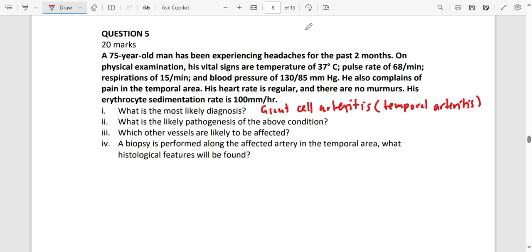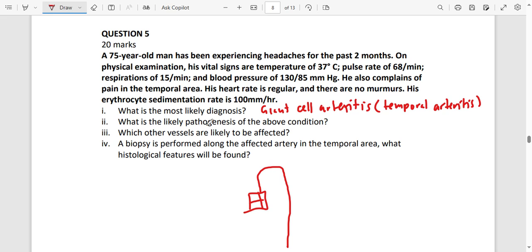Okay, so when you're talking about this condition, remember it is arteritis, the inflammation of the arteries. Specifically, giant cell arteritis or temporal arteritis is a granulomatous, large to medium vessel vasculitis. Now, here is our heart with the four chambers. The aorta is coming out and going down.